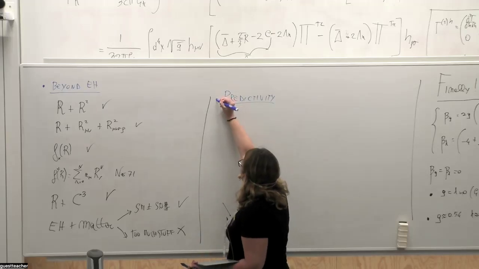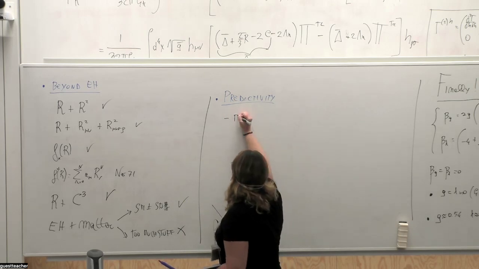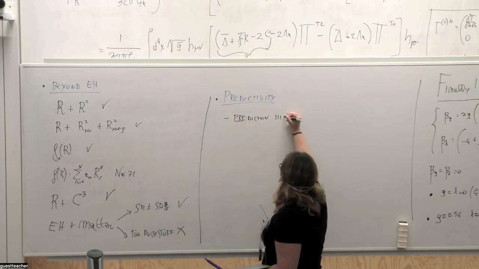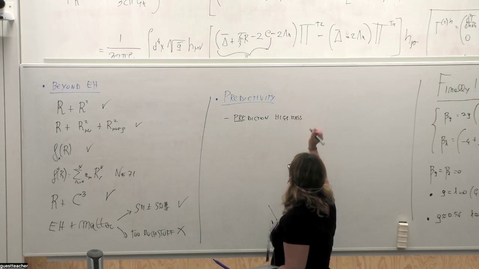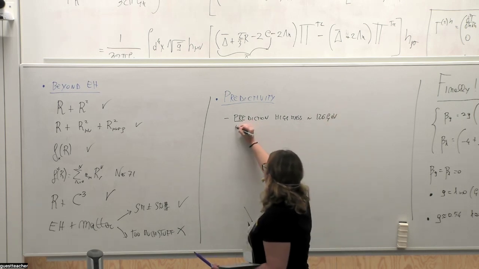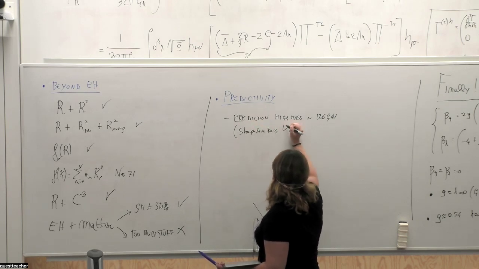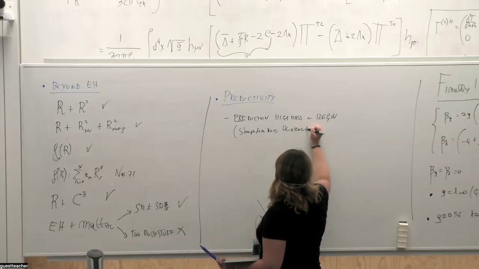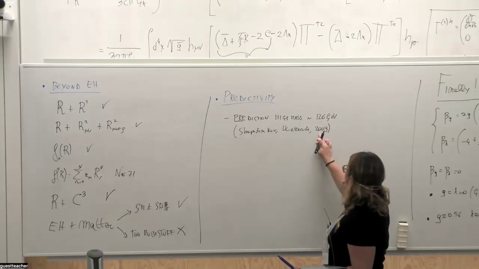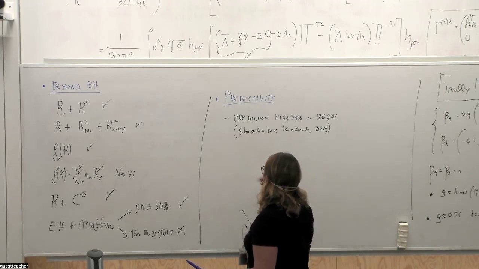And at least within simple approximations, there is something very nice which has been done, which is the prediction of the Higgs mass at approximately 126 GeV, and this was done by Shaposhnikov and Wetterich in, I believe, 2009.